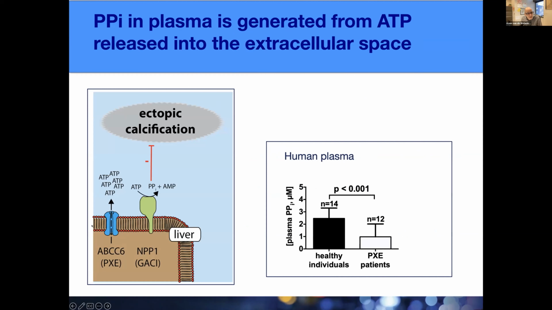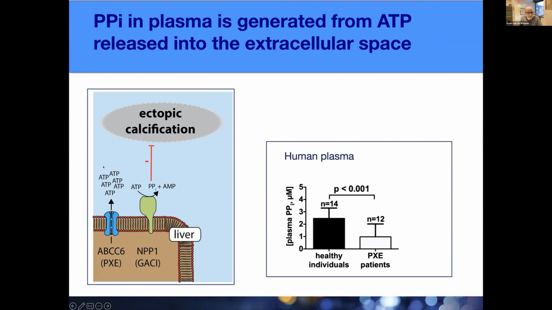So I also put that in a schematic overview. ABCC6, the protein that's missing in people with PXE, is involved in release of ATP. And then the ATP is outside of the cell converted into pyrophosphate, which is needed to prevent the clinical problems seen in individuals with PXE, and another molecule, AMP, but that other molecule is not that important for the current presentation.